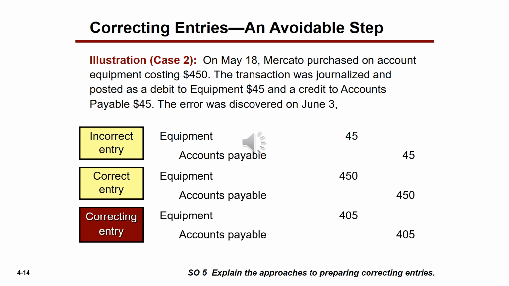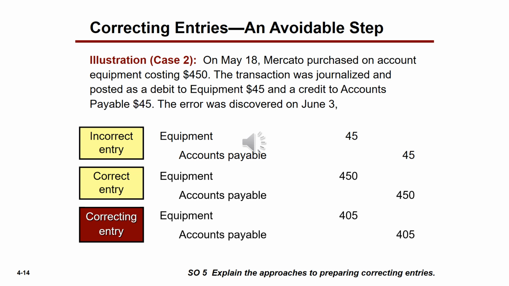So now the amount that we have actually recorded is understated. The value of the equipment is more than the amount we have recorded, and the liability that we owe to the supplier of that equipment is also understated. So in that case, we can simply enter that entry again, which is debiting equipment and crediting accounts payable.